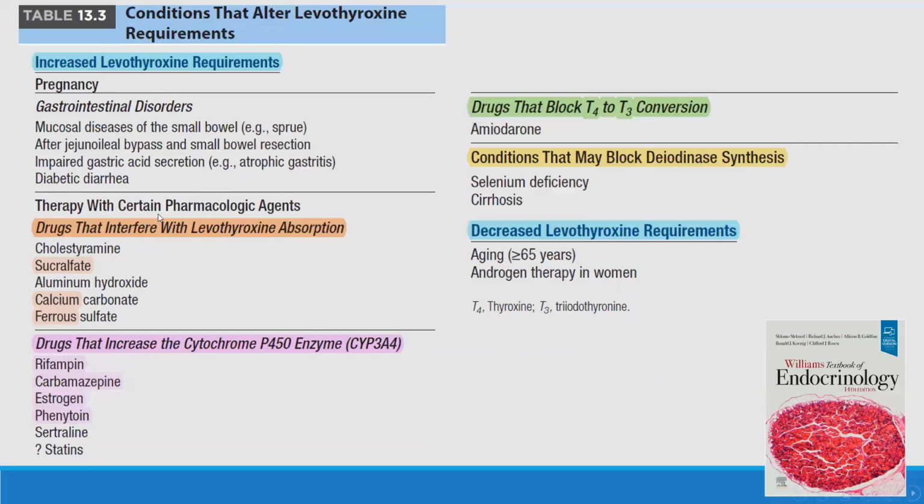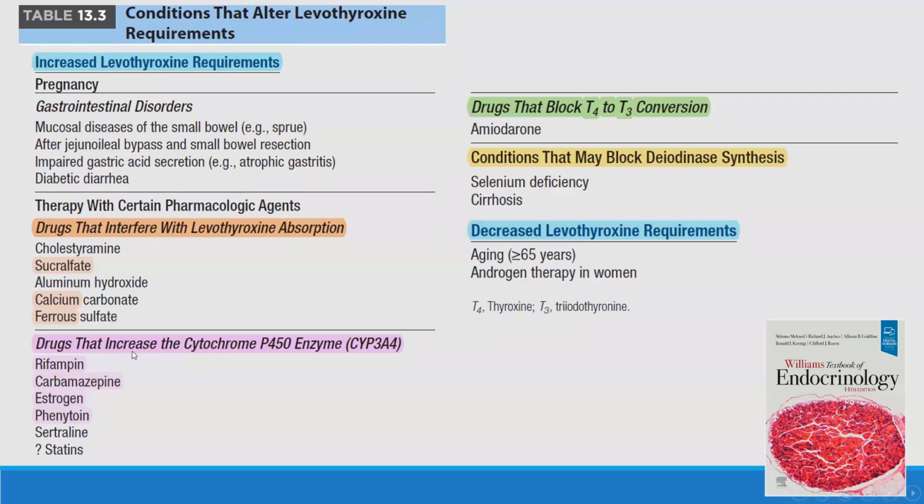The drugs that interfere with levothyroxine absorption: don't forget cholestyramine, sucralfate, aluminum hydroxide, calcium carbonate, and ferrous sulfate. And don't forget orlistat. This drug interferes with levothyroxine absorption.